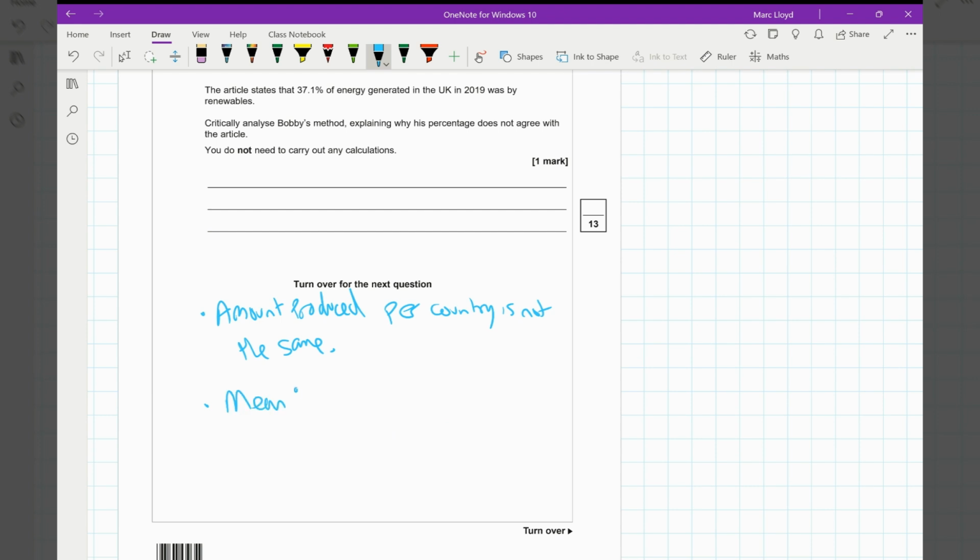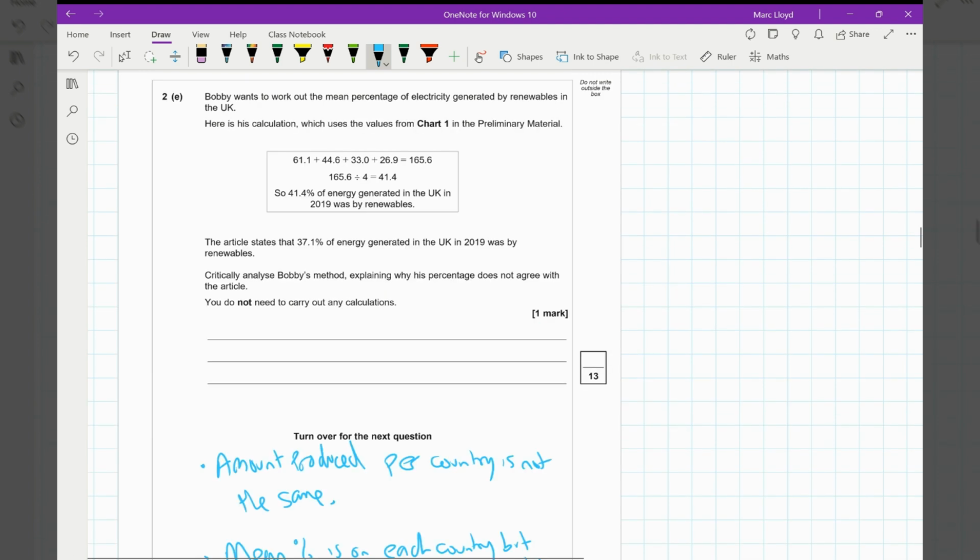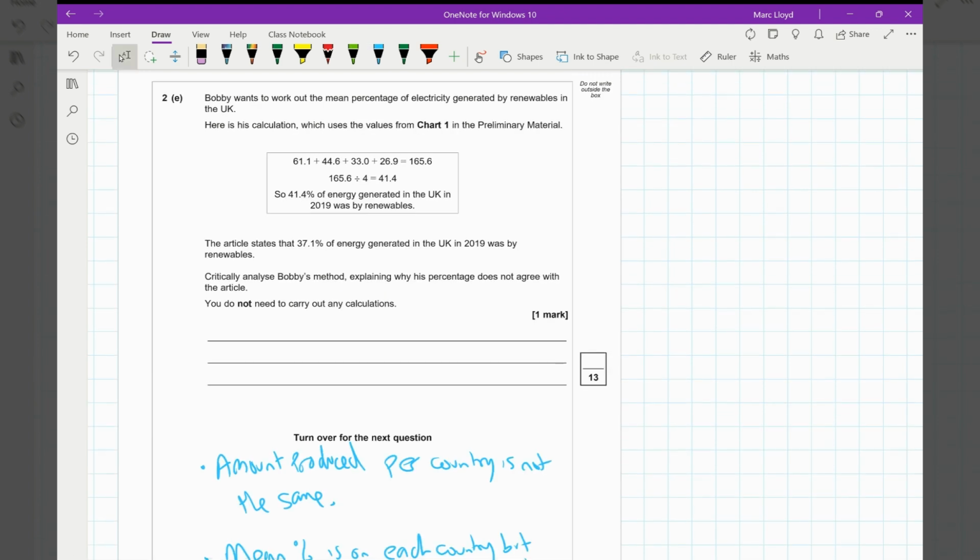So the mean percentage is on each country, but not the UK as a whole. And that's really important for you to understand, that you can't work out the mean of a mean and say that is the total average. You have to go back to your raw data, find the values, and then calculate it from there.